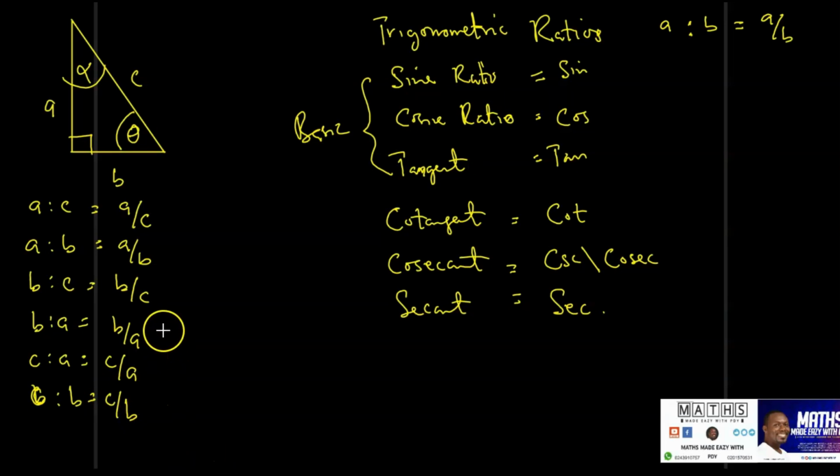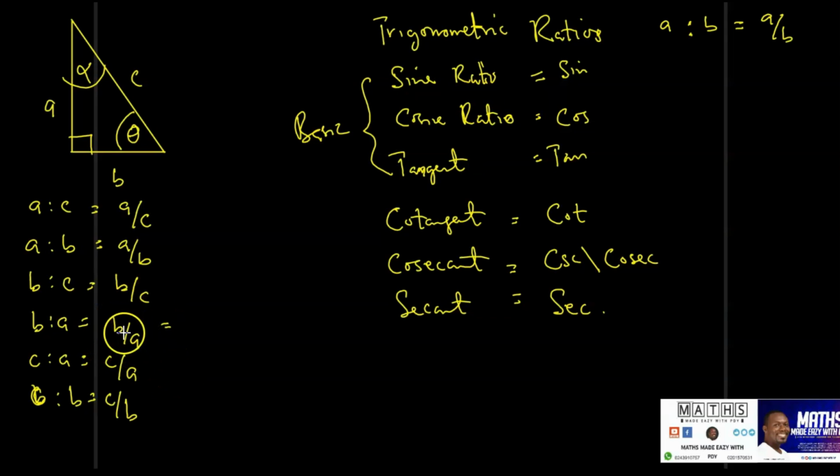It will interest you to know that whatever we are having here, please watch carefully. B over A, which is found here, is a reciprocal of A over B. And likewise, C over A is a reciprocal of A over C. When I mean the reciprocal, this is what I mean.